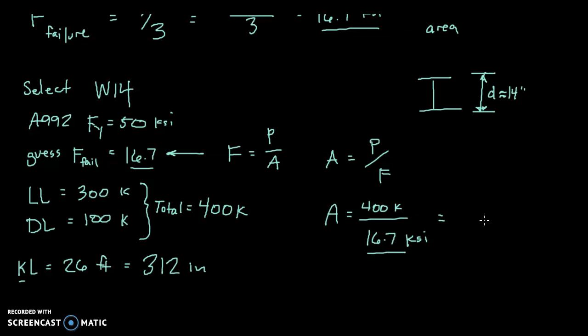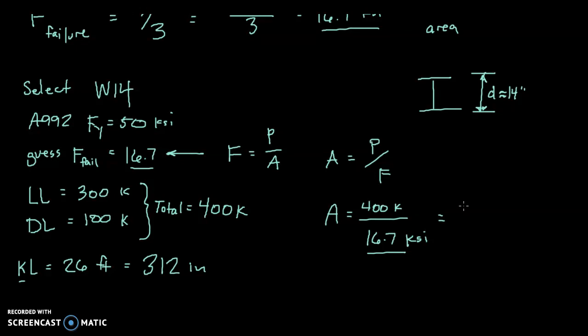This is merely a guess that will get us started so that we can make a choice of which column to choose and analyze. And then depending on our results of that analysis, we may keep that column, or we may need a bigger column, or we may be able to get away with a smaller column. So the results will indicate to us what we need to do.